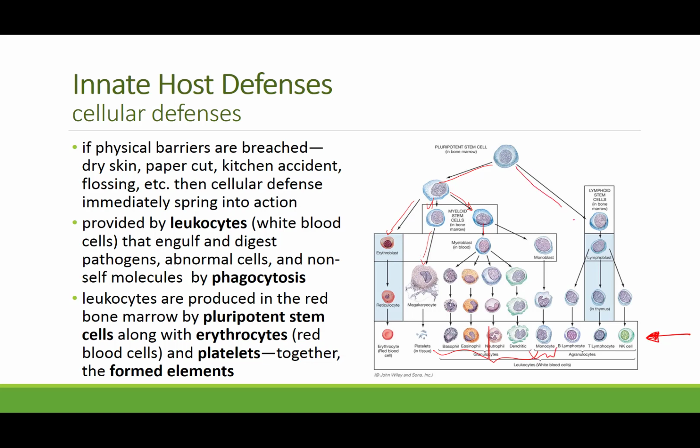Or if it goes down this pathway and the cells that it divides off develop into lymphoid stem cells, then they will become either a B lymphocyte, a T lymphocyte, or one of these NK cells. NK stands for natural killer cells. And so we have red blood cells, platelets, and then all of the leukocytes that together are referred to as the formed elements of the blood.